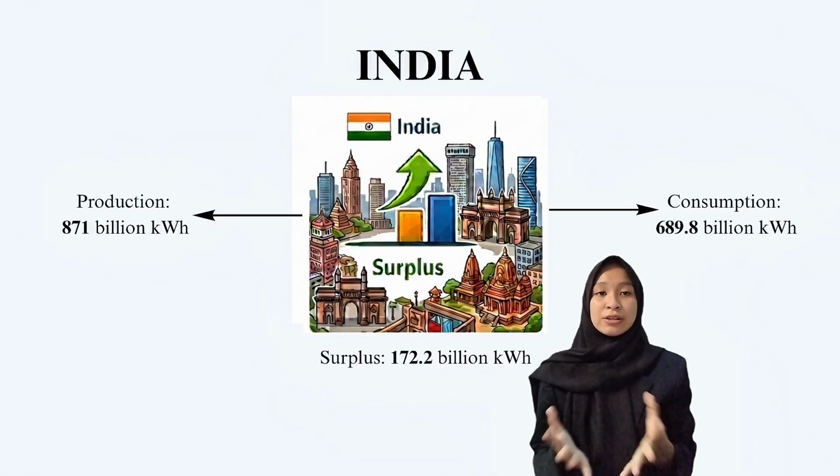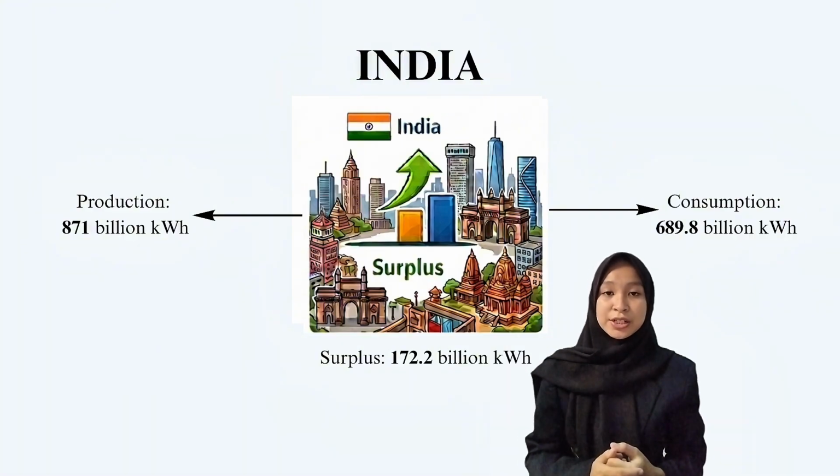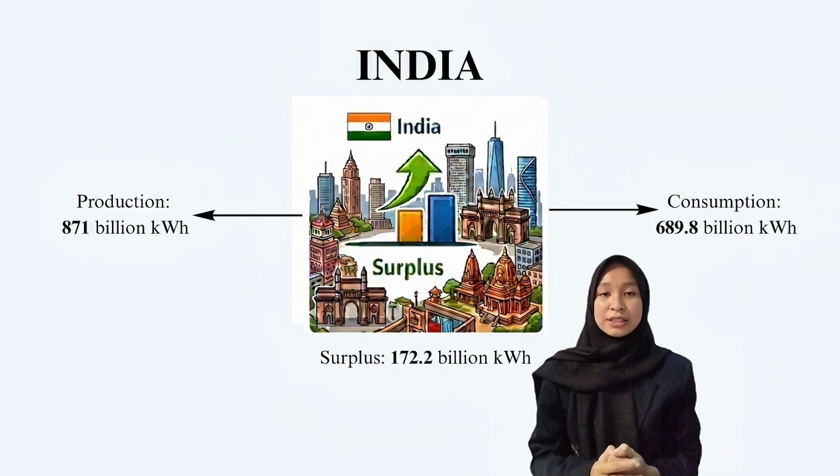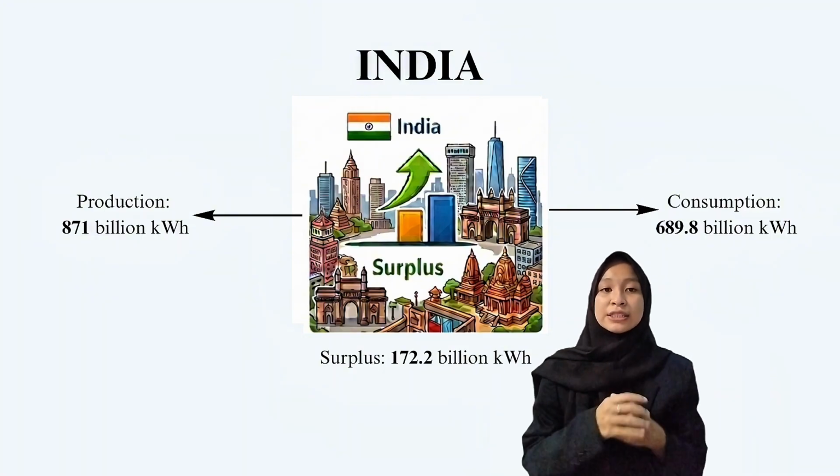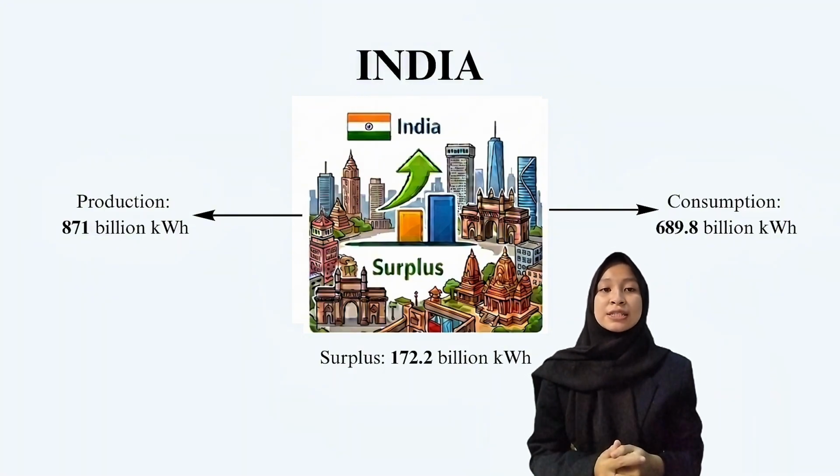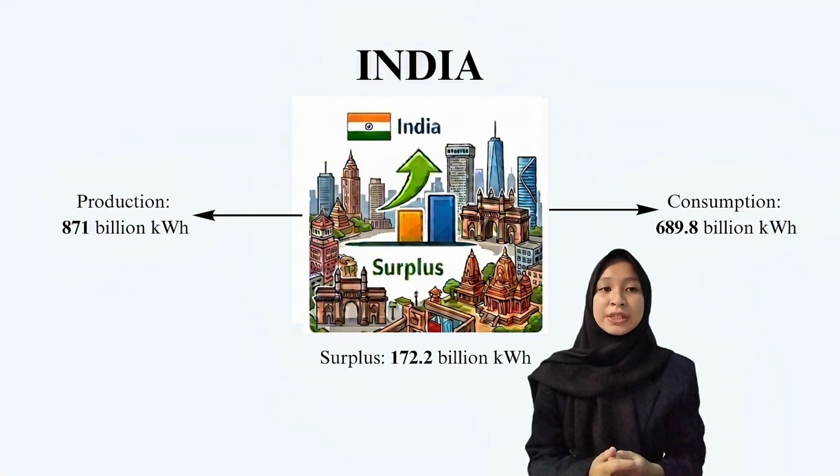Furthermore, India records a significant electricity production surplus. India produced approximately 871 billion kilowatt hours, while electricity consumption reached around 689.8 billion kilowatt hours. As a result, the country experienced a production surplus of approximately 172.2 billion kilowatt hours.